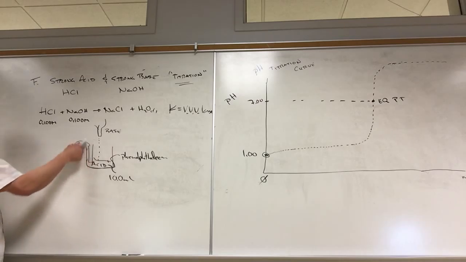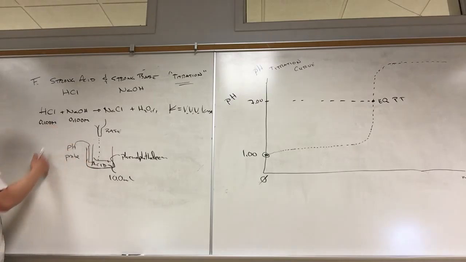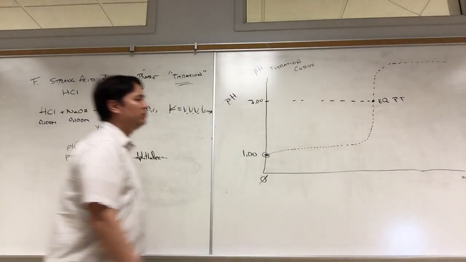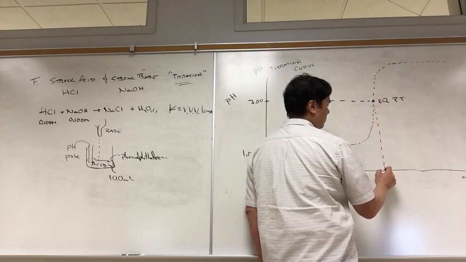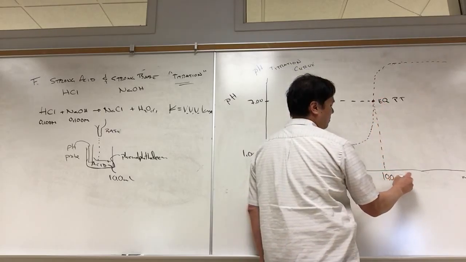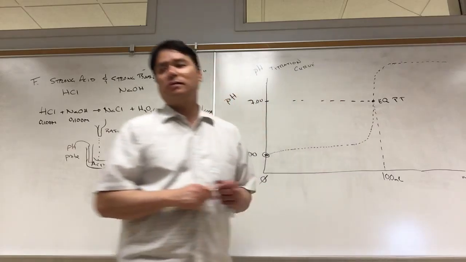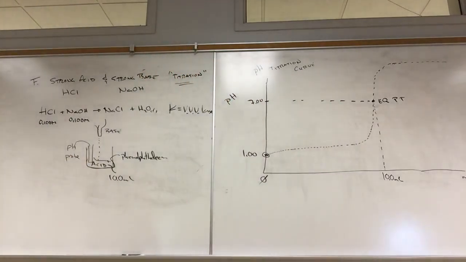If the acid and base are the same concentration, 0.100 and 0.100, 10 milliliters. And so the equivalence point is going to come at 10 milliliters. The equivalence point is where I've added just enough base to neutralize all my acid. I should be at pH 7.